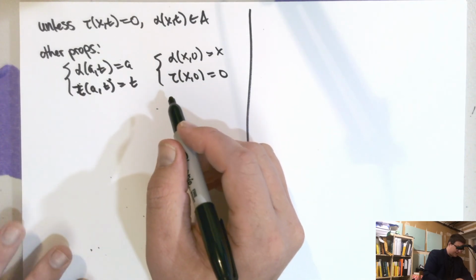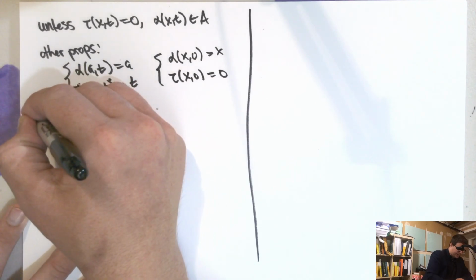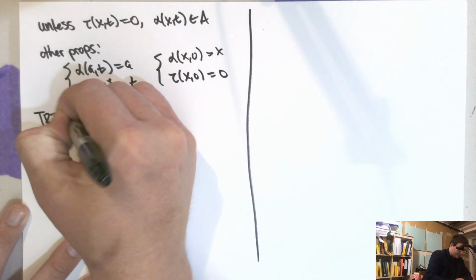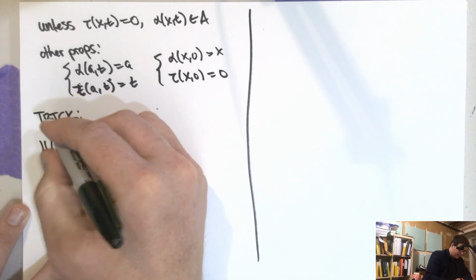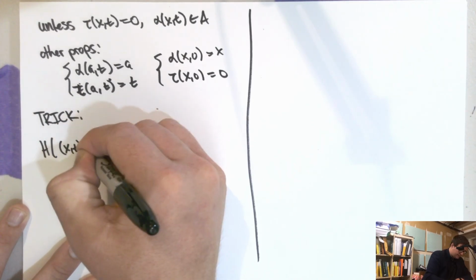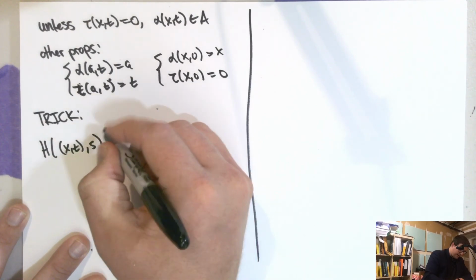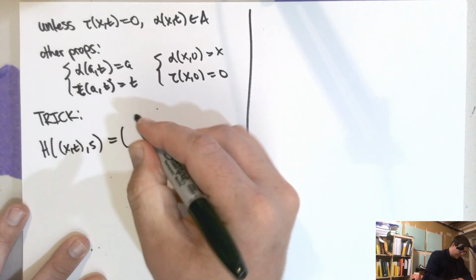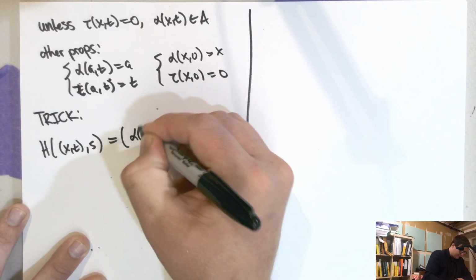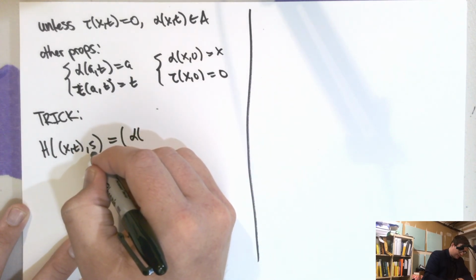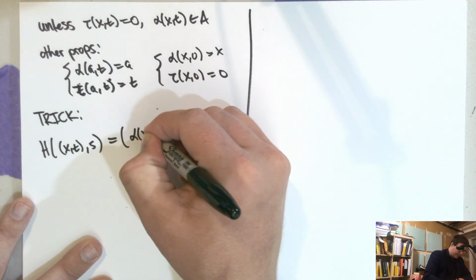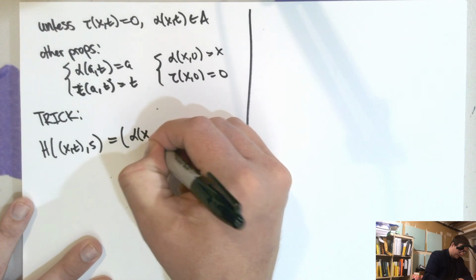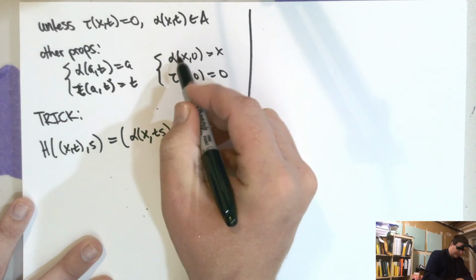Okay, and so the trick is the following homotopy. So what we'll define is h of (x,t,s), and so s is in between 0 and 1, and we need it to be the identity starting at 0, right? So we have alpha of (x,t,s) like this.